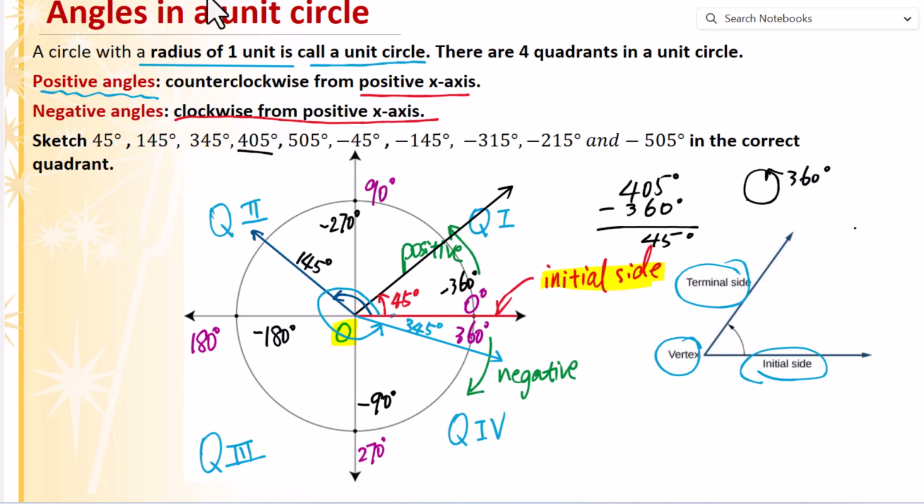Which means 45 degree and 405 degree share the same terminal side. So we can sketch the angle like this.